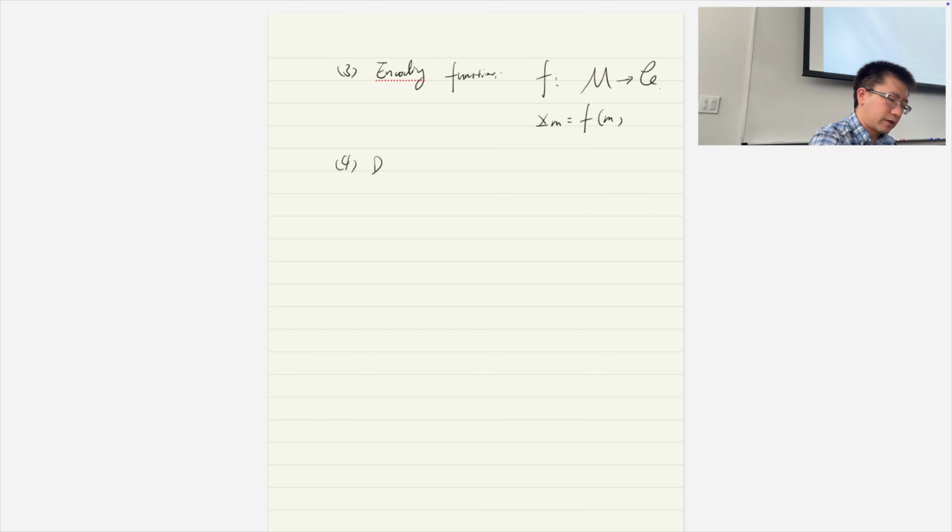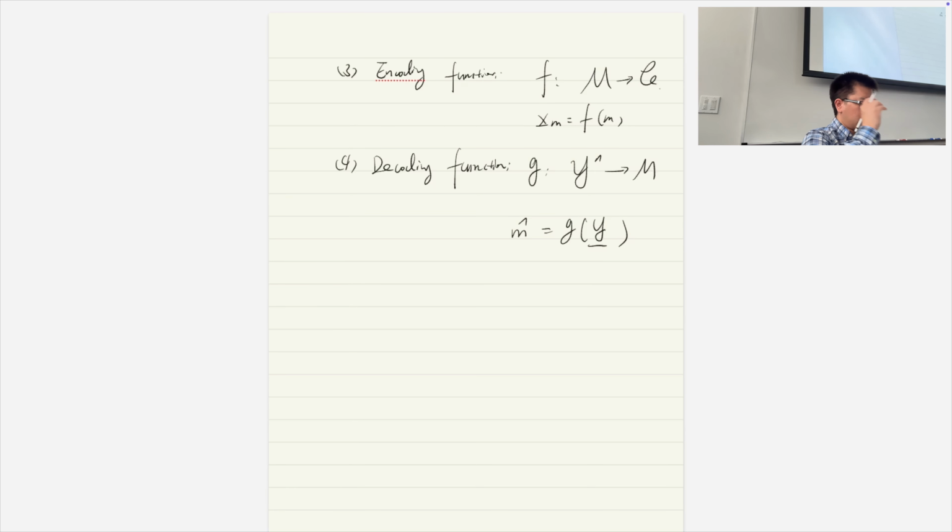And for the decoding function, we normally use g, from y^n to M. We say m hat equals g(y).